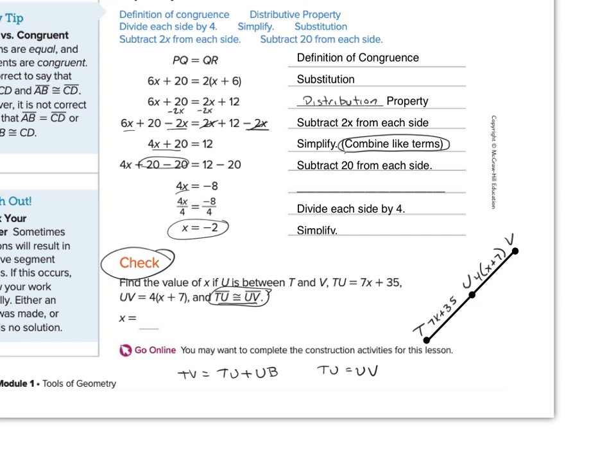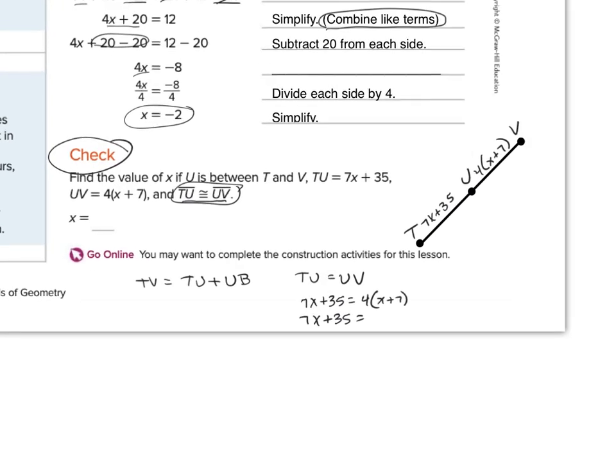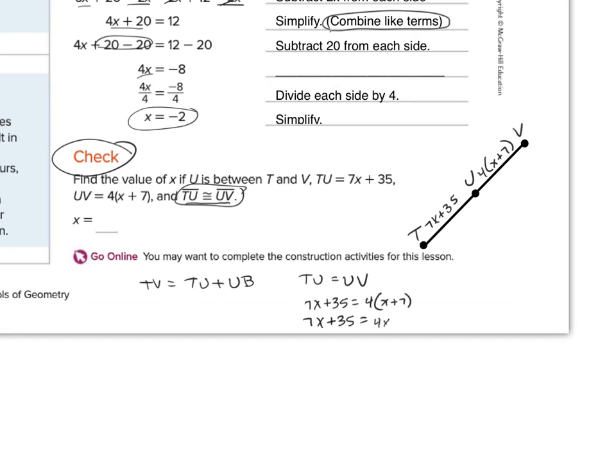So I have 7x plus 35 is equal to 4 times (x plus 7). 7x plus 35 is equal to, I'm going to do my distributive property, 4x plus 28. Start combining like terms, right? Subtracting 4x from both sides because I want to get my variables together. I have 3x plus 35 is equal to 28.